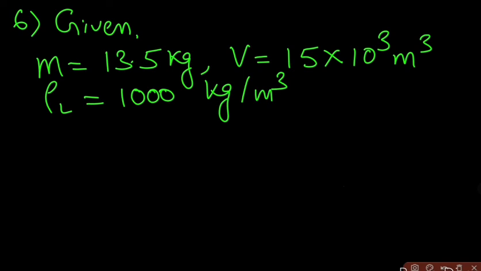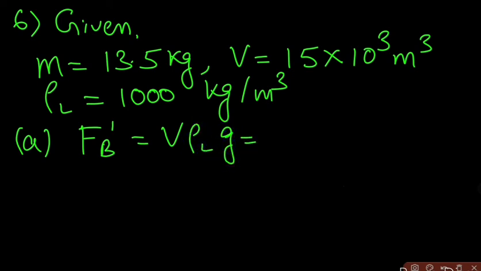Now 6a, we are supposed to calculate the upthrust, that is Fb dash, which can be calculated by using the formula V rho L g.